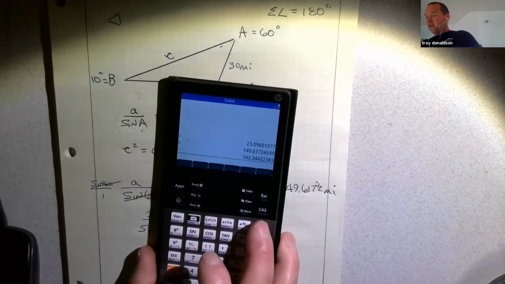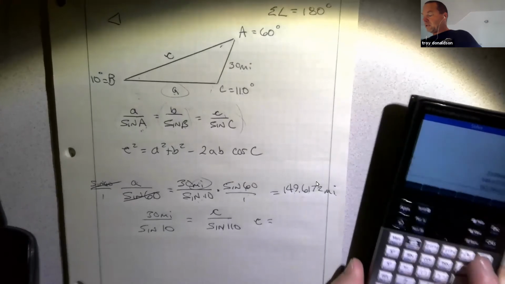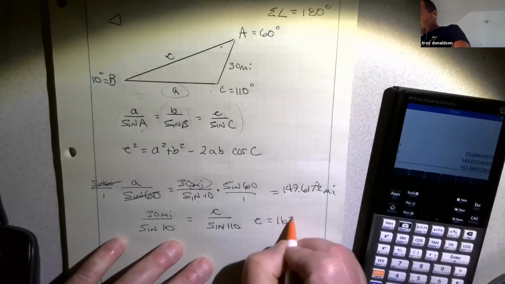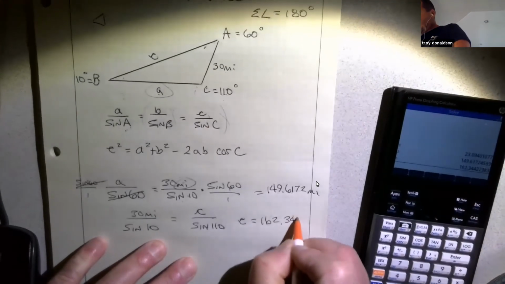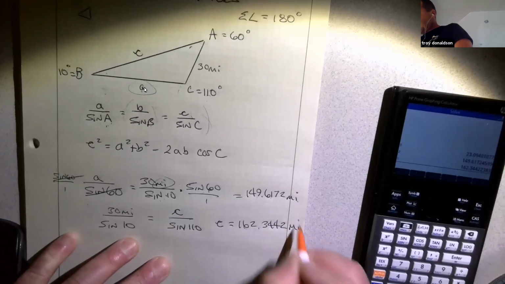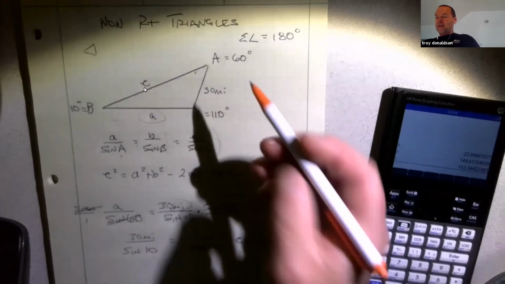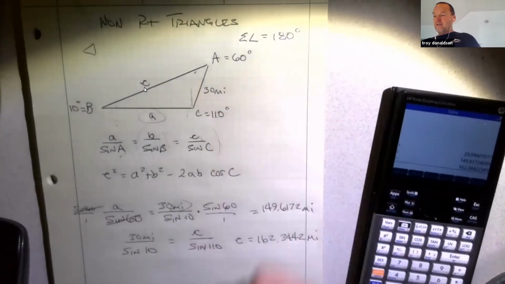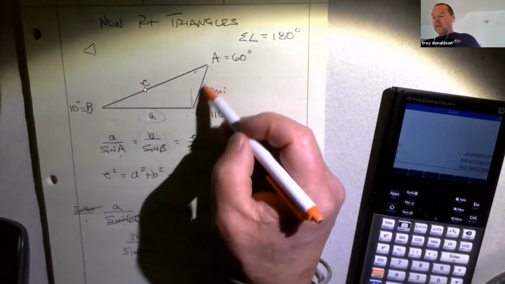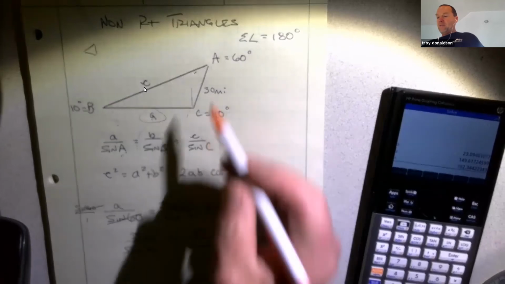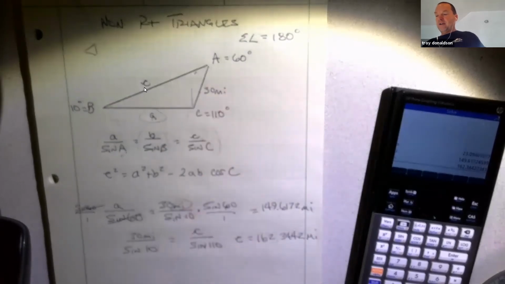It's like 162.3442. 162.3442 miles. All right, so it is longer. This graphic may be, since this is 90 degrees and this is 110, 30 miles must be down in here graphically.